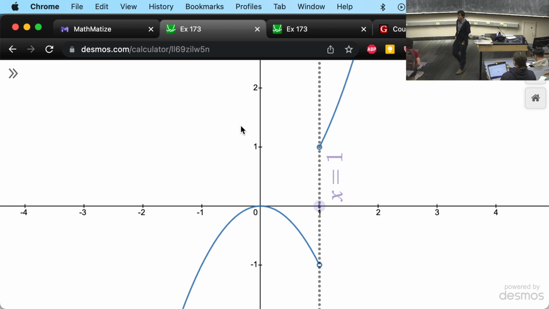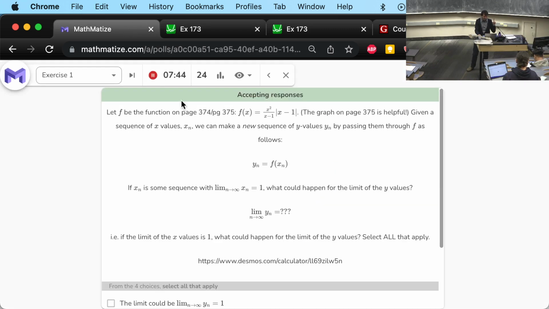Yeah. Sorry? Could it be 2? Like the value 2, or could there be more than one? So this is the thing. That's essentially what we want to get to here. For sure, for a given sequence, if we nail down one sequence, we say this sequence is the one we're looking at, there can only be one limit. But in this question, we're thinking about what happens in general for any sequence.